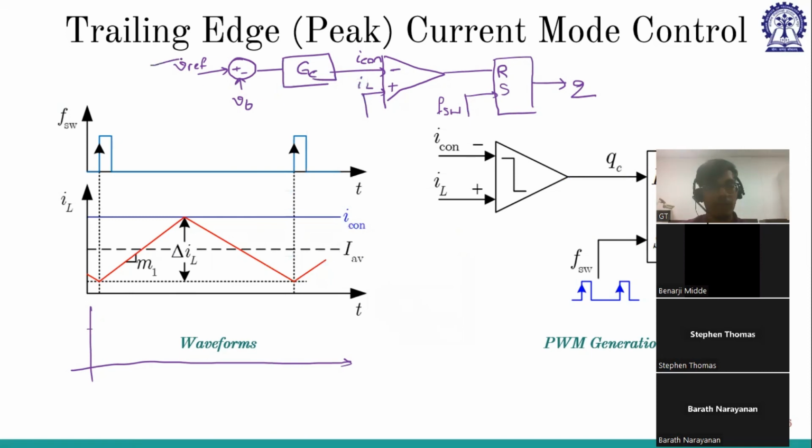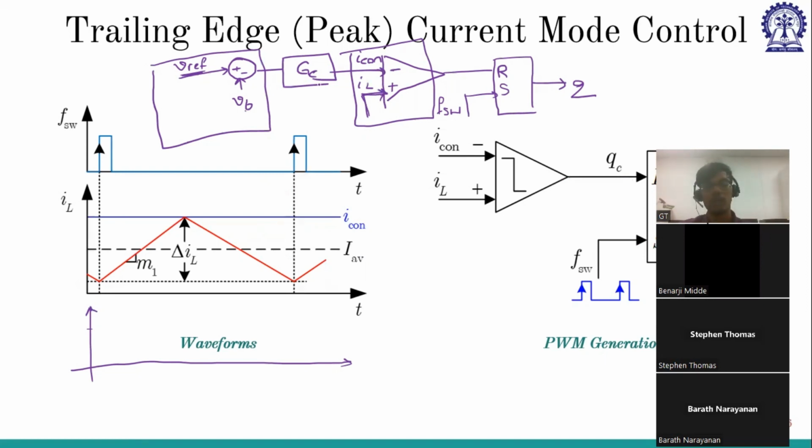This is one loop, the voltage loop, and this is the current loop. For the outer voltage loop, V reference is the reference, and the output voltage V naught is the feedback. For the inner loop, we get this Icon from the outer loop, and this acts as the reference for the inner loop.